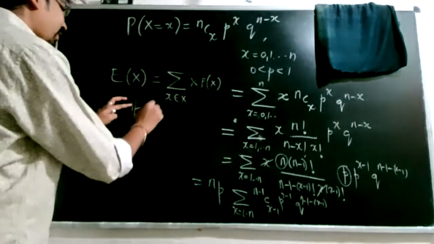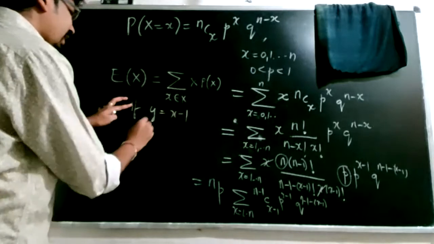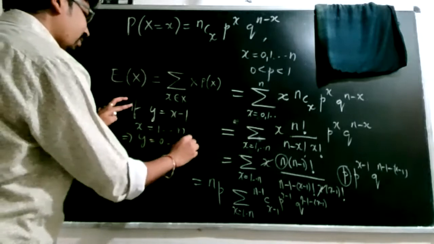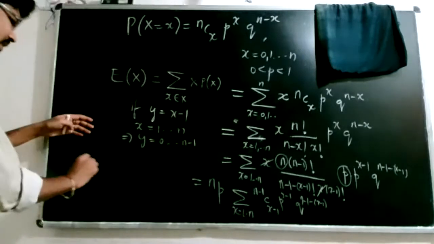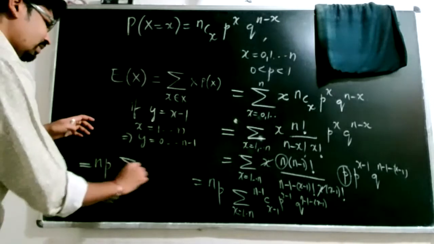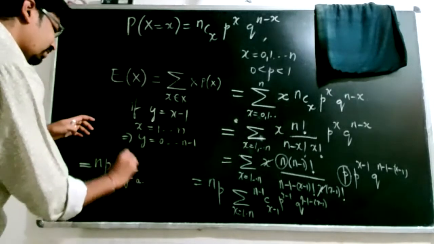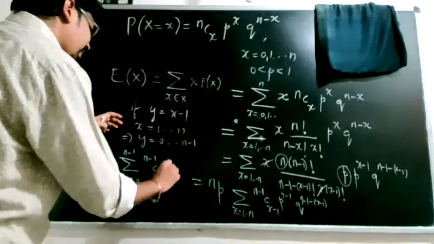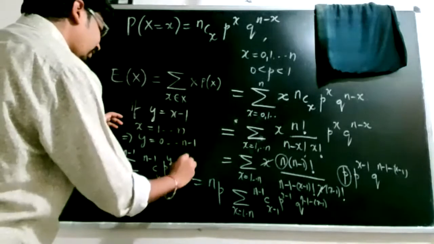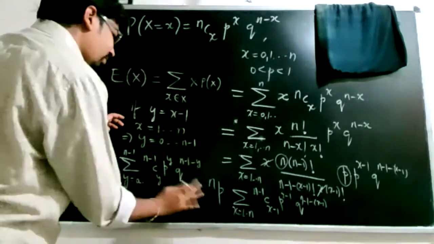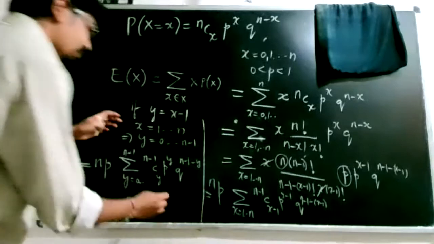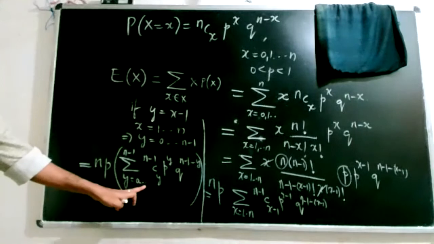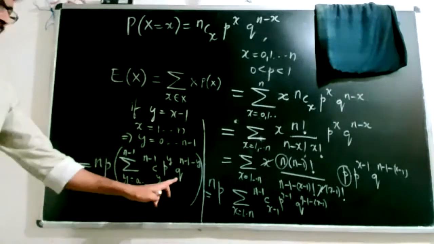So with y equals x minus 1, as x goes from 1 to n, y goes from 0 to n minus 1. This sum can now be written as np into the summation y equals 0 to n minus 1 of n minus 1 C y p to the power of y q to the power of n minus 1 minus y, which is nothing but the binomial PMF of the y variable with parameters n minus 1 and p.